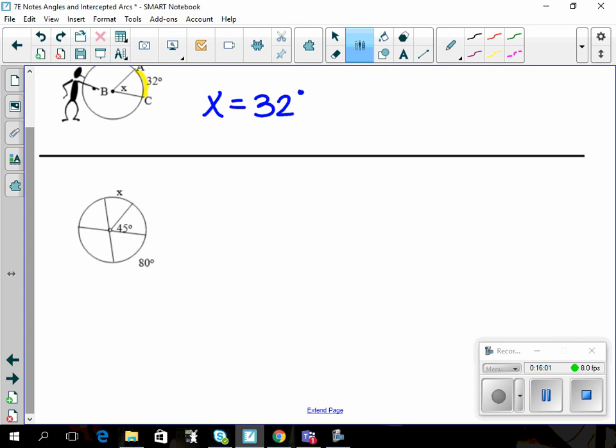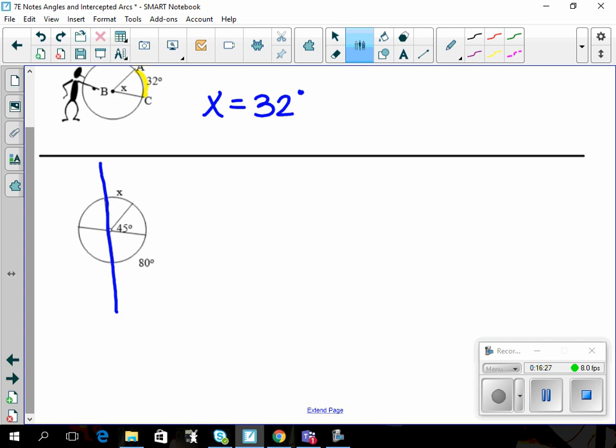Lauren? Well, not 360, and it's good that you thought 360 because the entire circle is 360, but I don't have the entire circle. If you think about it, what is this? It's a diameter, right? So it goes through half of the circle. So rather than subtract from 360, let's only focus on the right side.